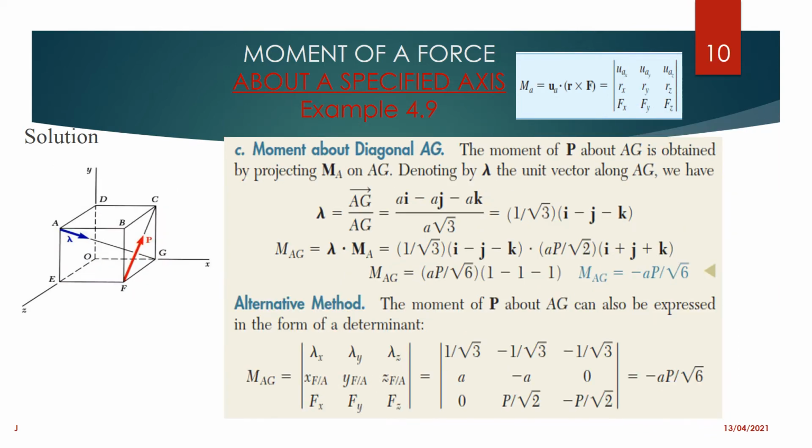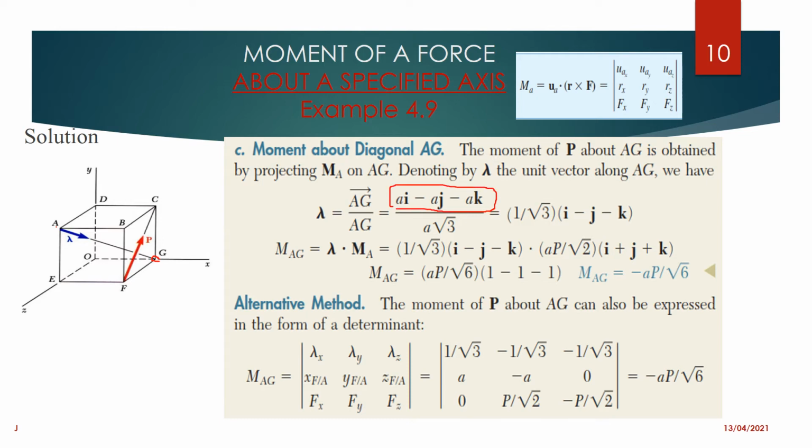C, moment about AG, which happens to be the diagonal of that cube. The same procedure. Get coordinates of A, get coordinates of G. Once you have that, you subtract those coordinates, G minus A. You will find something like this.